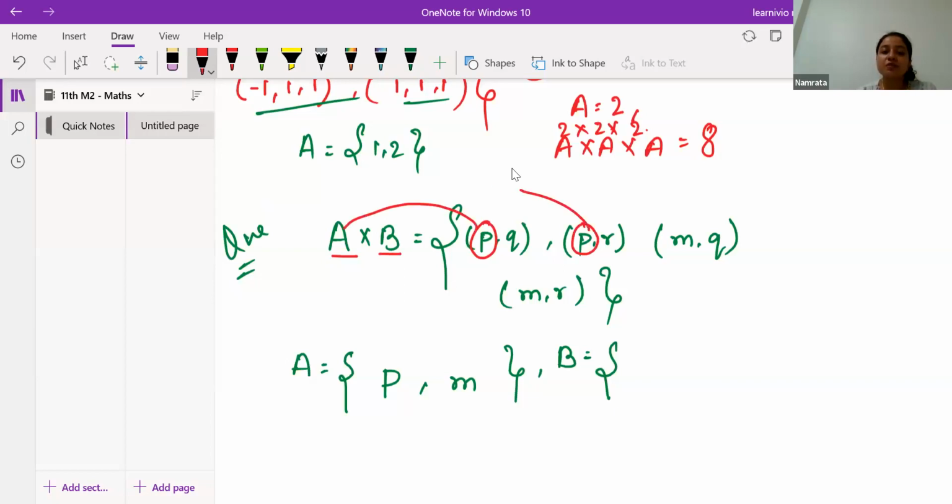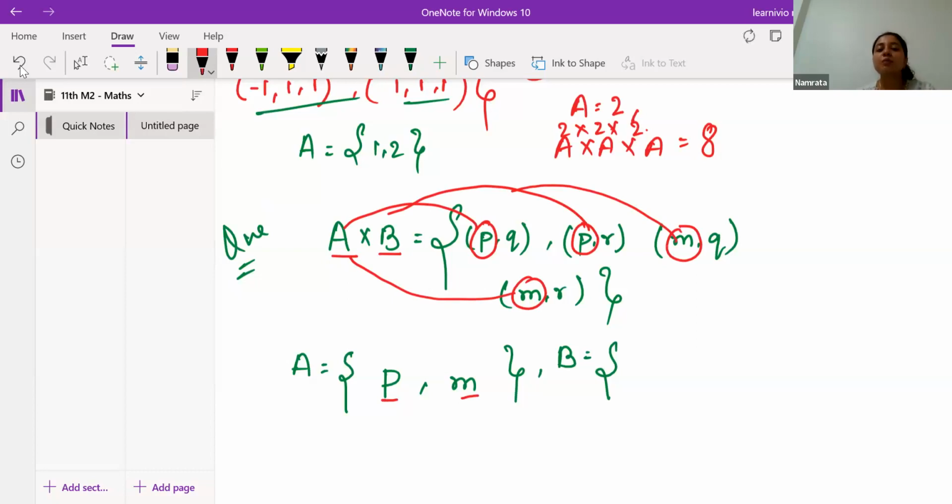P must be from A. This M must be from A. All the first elements must be from A only. That's why she said A is having 2 elements only, P and M.